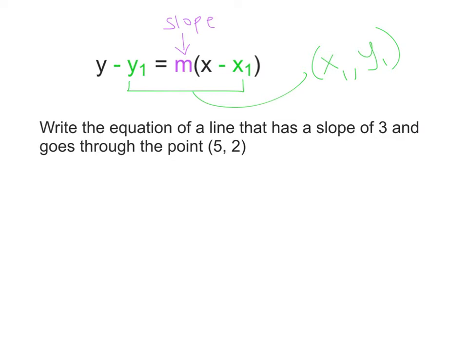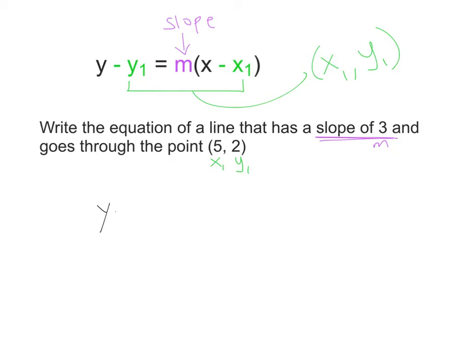So let's remind ourselves that this right here is our x1, and this here is our y1, and over here, our slope of 3, that's of course our m. So I'm going to write the equation. I'm just going to write it straight down below. So y, now usually we write y minus our y1 value.